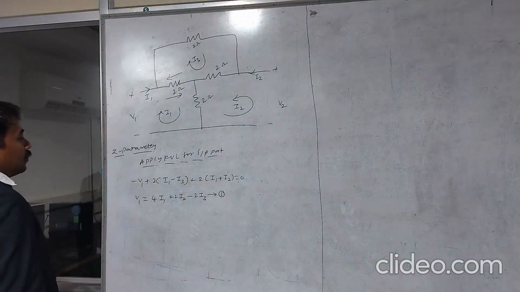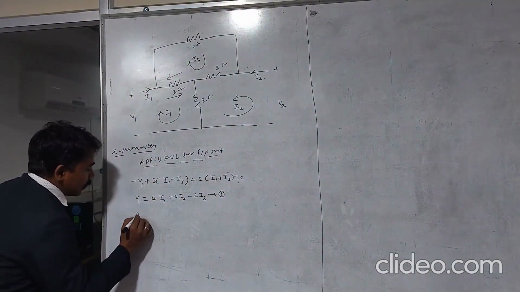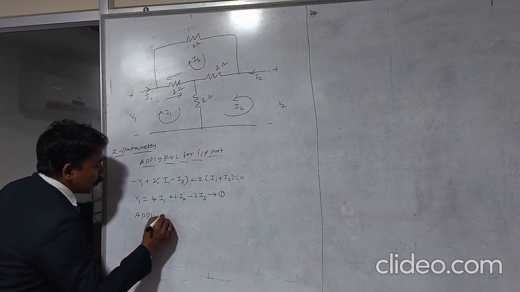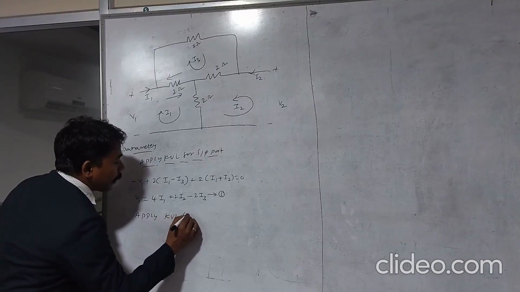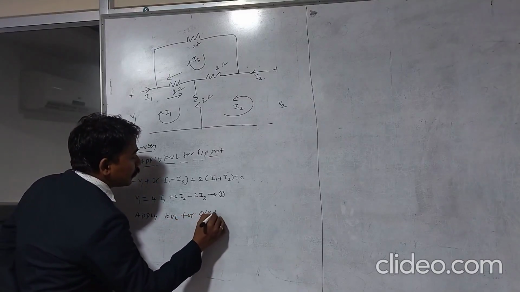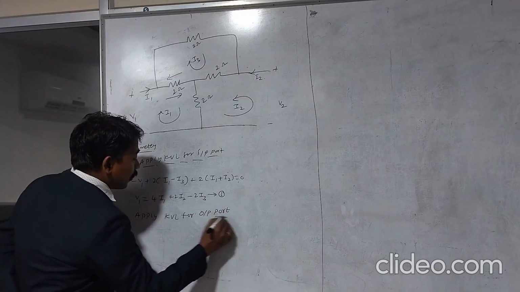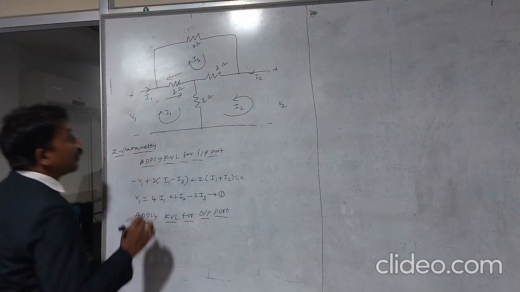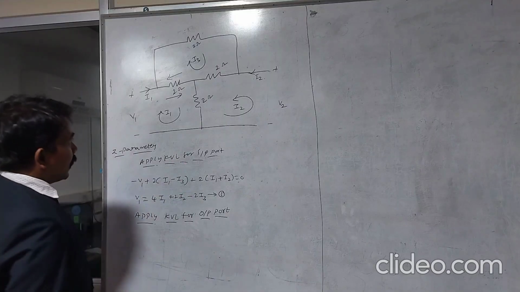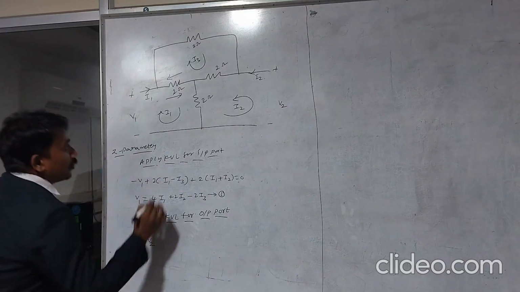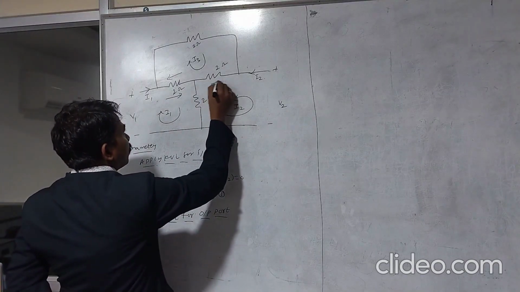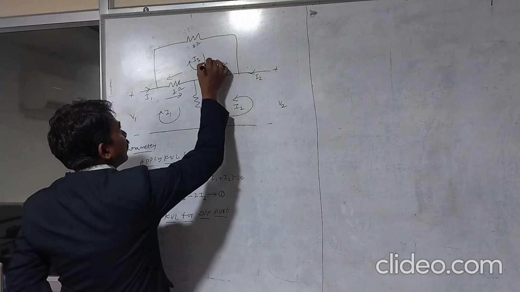Now you can go to the second port or output port and apply KVL. Minus V2. Look at this 2 ohm: the current direction of I2 will be like this, and I3 is coming like this.